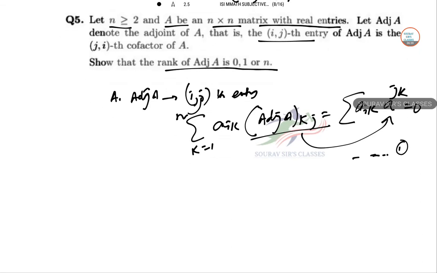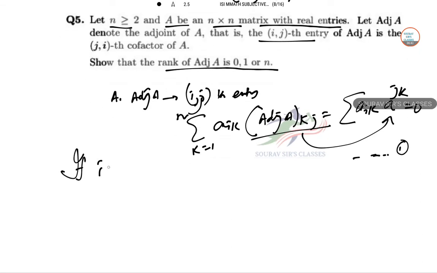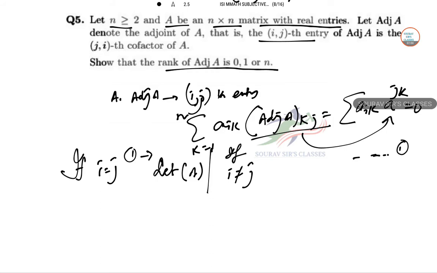Indeed, if i equals j, then the sum in 1 is the determinant of A. If i is not equal to j, then the sum in 1 is the determinant of the matrix A after the jth row is replaced with the ith row.